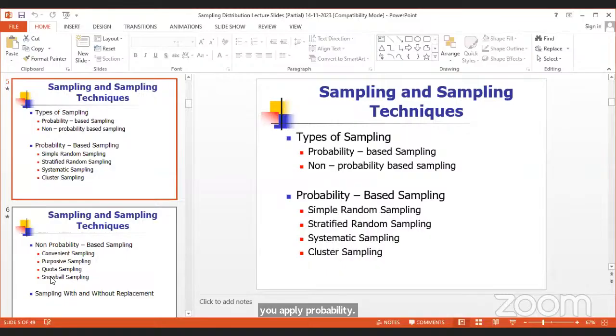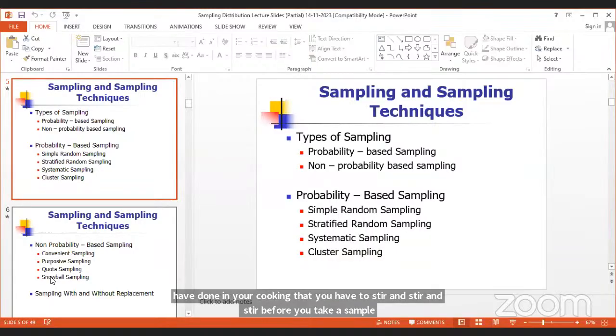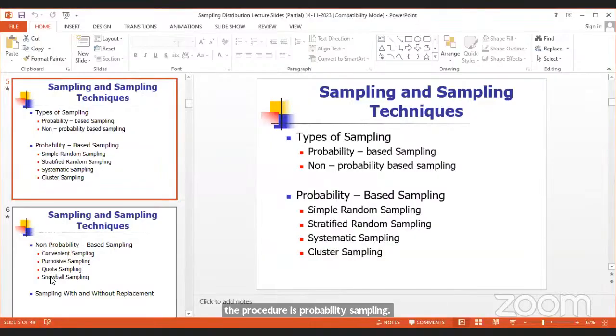So if you employ any random techniques, just as you have done in your cooking, that you have to stir and stir and stir before you take a sample, the procedure is probability sampling, because you have introduced randomness, you have introduced chance, you have introduced probability.